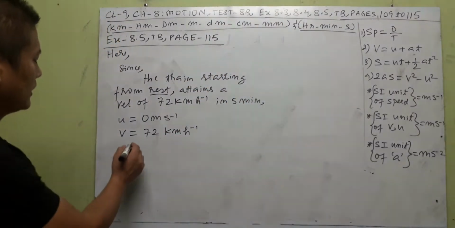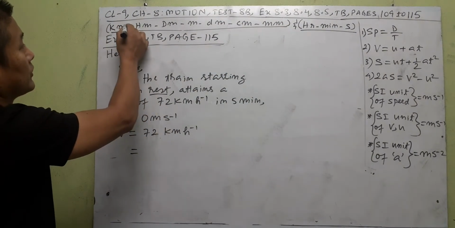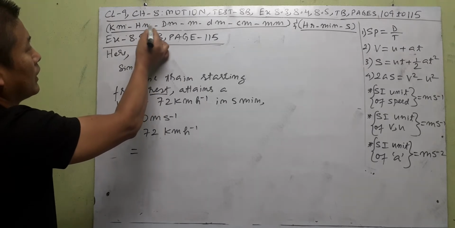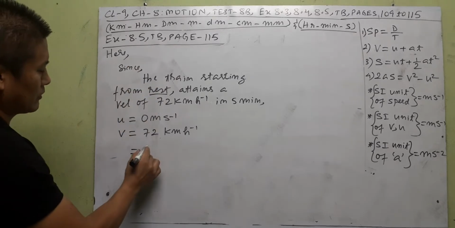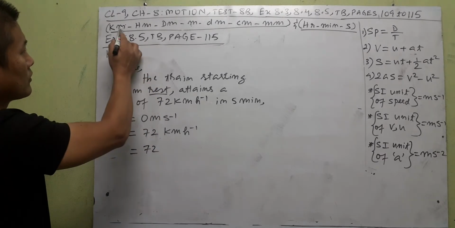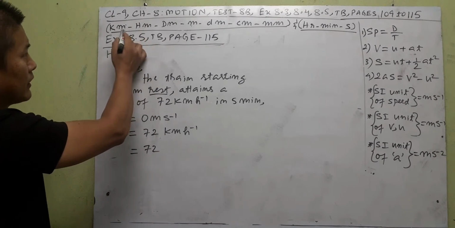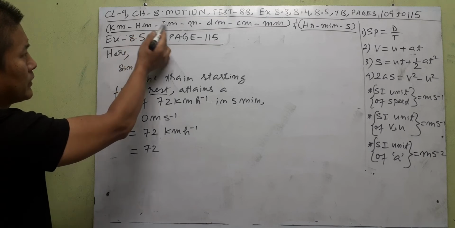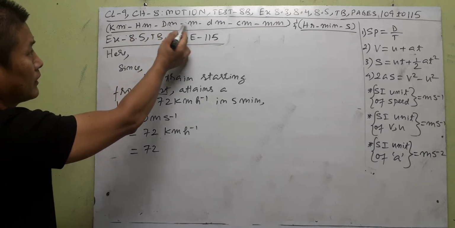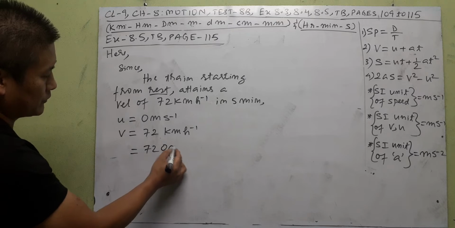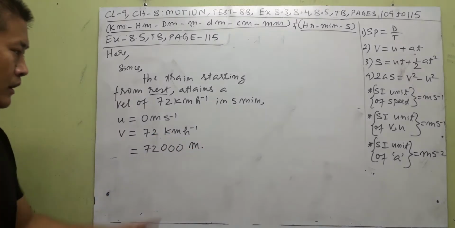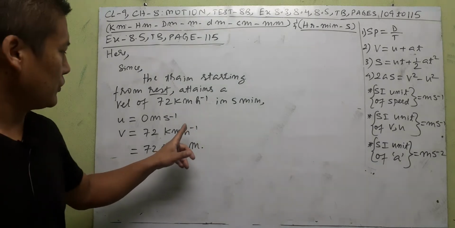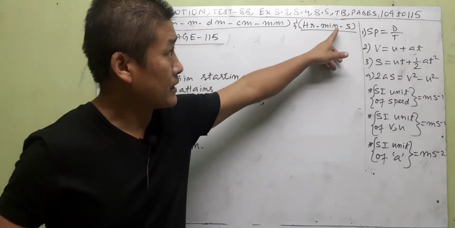So here, let us do that. You're going to change kilometer to meter. So let us count: 1, 2, 3. You're changing big to small, so multiply by 3 zeros. Because 1 kilometer is 10 hectometer, 1 hectometer is 10 decameter, so 10, 10, 10 means 000. Then the kilometer will disappear and meter will come in. Then hour is going to be changed to second, because the SI unit of time is second.